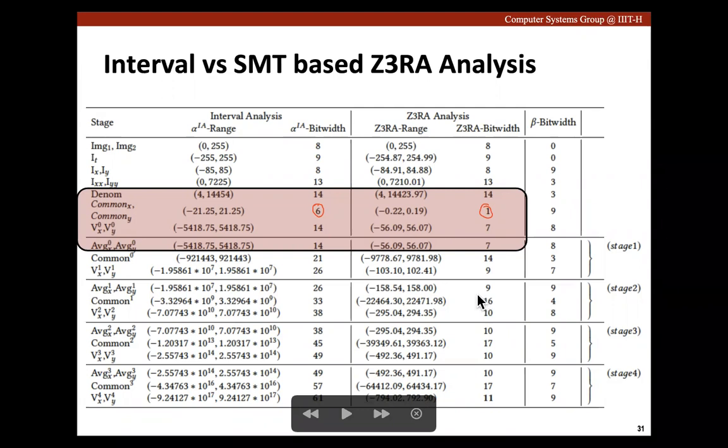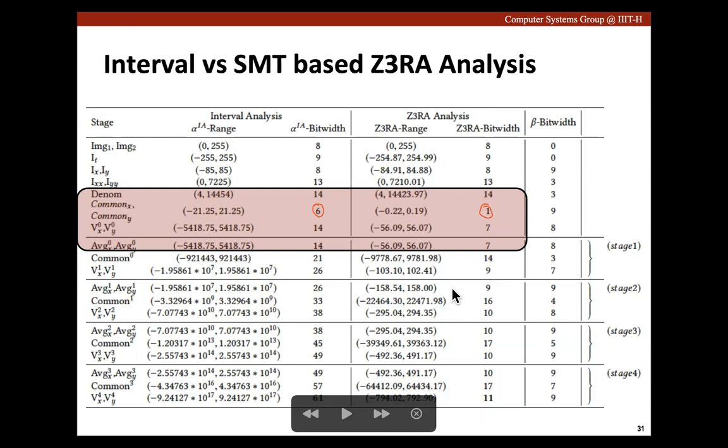there is this particular approach which uses SMT solvers. Using the SMT solvers, we are able to get better estimates of bit widths at different stages. And this translates to massive savings, because if you see the last row, the bit width requirements of hardware stages are very high.